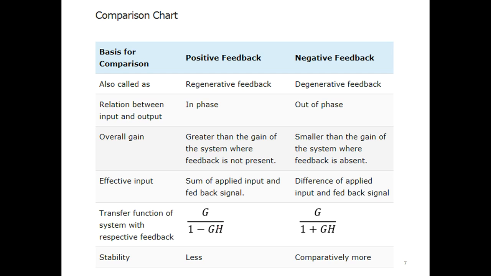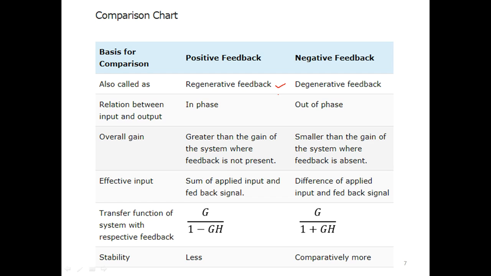Moving further, we have a comparative chart which tries to compare positive feedback and negative feedback in a really exhaustive manner. Almost all the points are included here, so let us very quickly go through the points. Positive feedback is also called regenerative feedback, in the sense the effect of the feedback goes on continuously increasing.